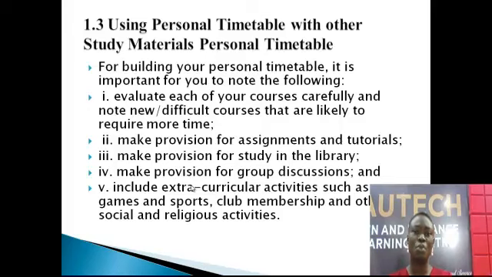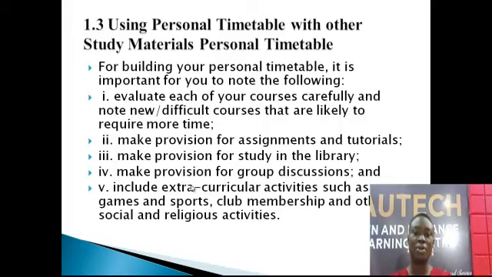You should read far more than your lecturers, so that you will know what the topic is, what the course is, what it entails. And also make provision for group discussion. You should have a forum whereby you discuss your topic. If you want to discuss MCH 101, you should have a group discussion.